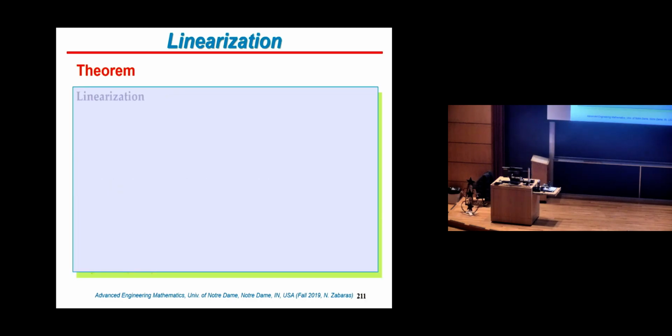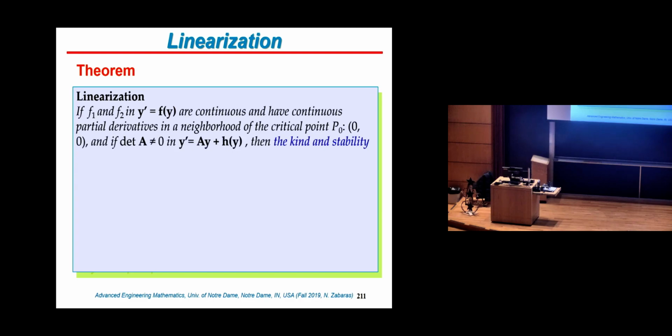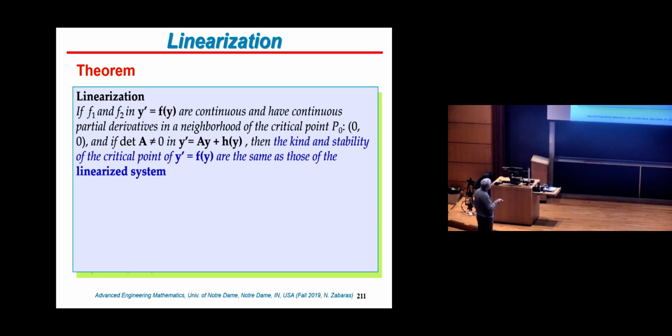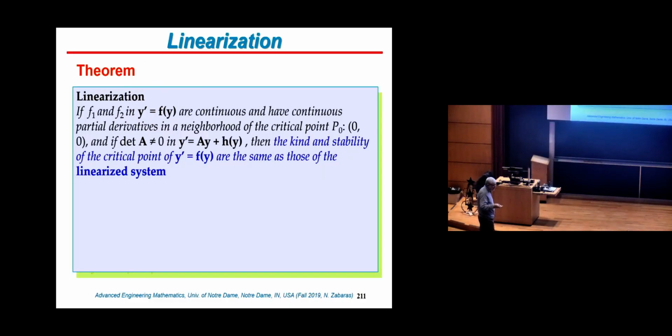Let me just state the theorem, without any proof. We just take it here as a fact that when we linearize around a critical point, the type of stability we get at the critical point for the nonlinear system is actually the same as the one we get for the linear system.